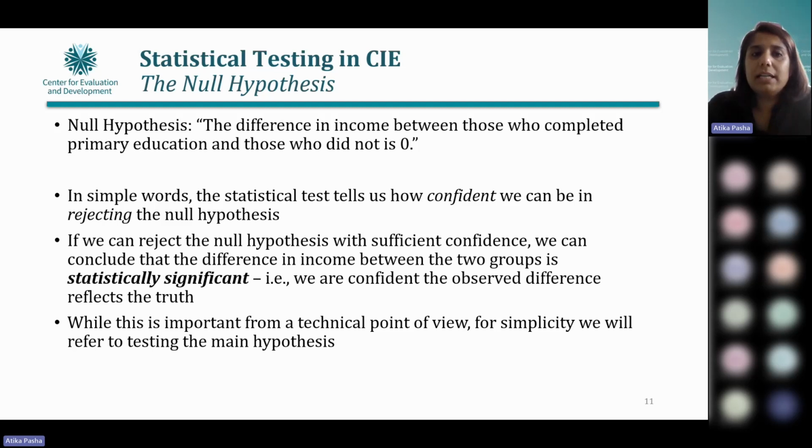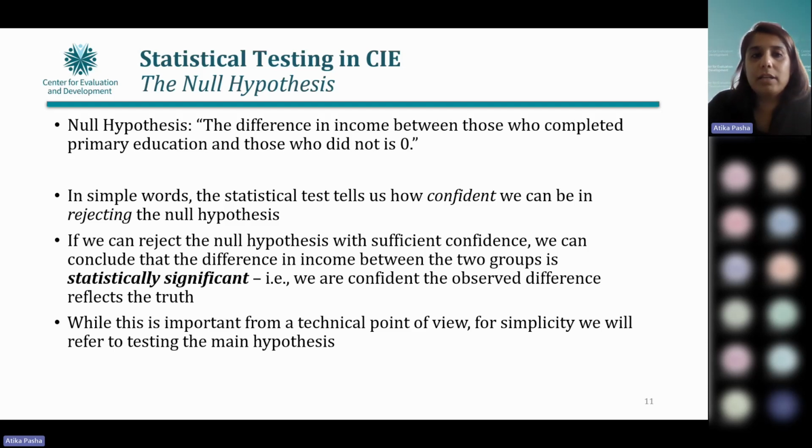Okay, so starting with this definition that the difference is zero, we need to figure out two things through our statistical test. First, how confident are we when we reject the null hypothesis and say that no, actually the difference is not zero.